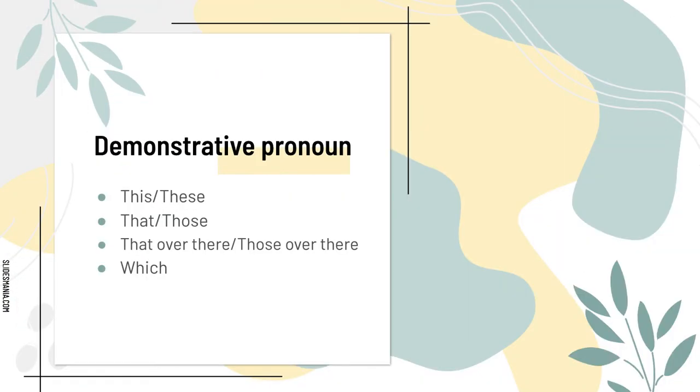And the next chapter is going to be about demonstrative pronouns. Demonstrative pronouns are the things that are listed right here. We're going to talk about this, these, that, those, that over there, those over there, and lastly, which.